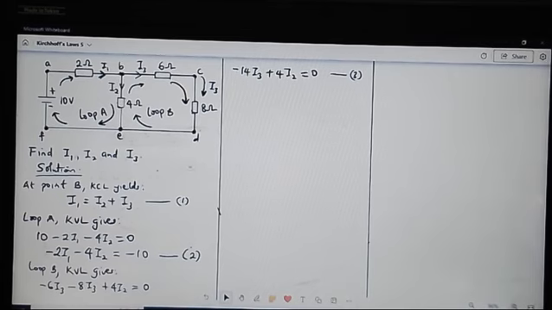Or if we look at equation 2, we can say, okay, let's substitute equation 1 into equation 2.